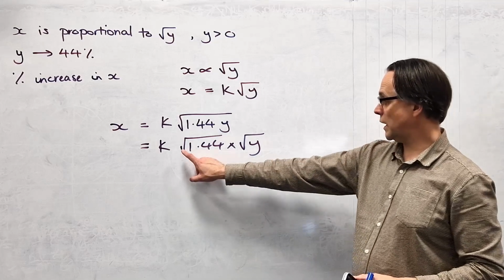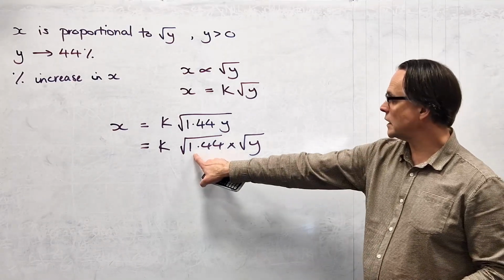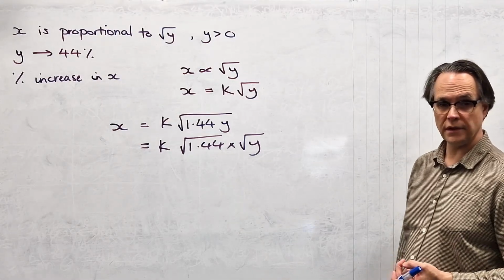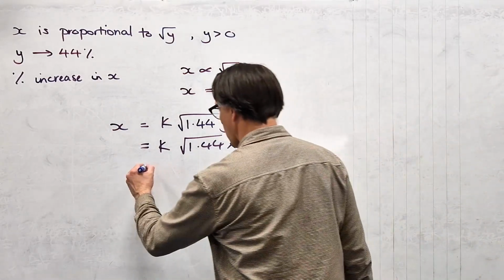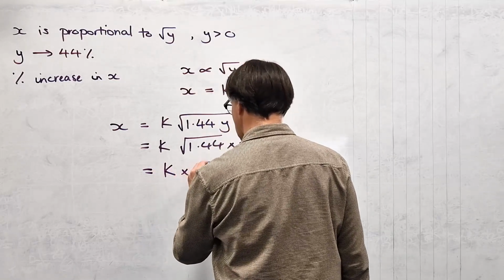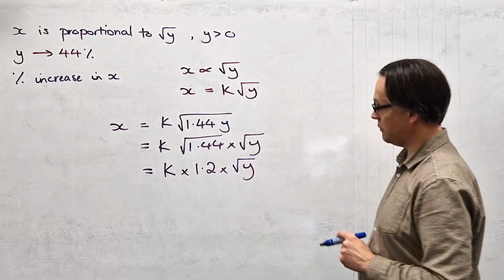And because we know the square root of 144 is 12, we can see that the square root of 1.44 is going to be 1.2, isn't it? So this is k times 1.2 times the square root of y.